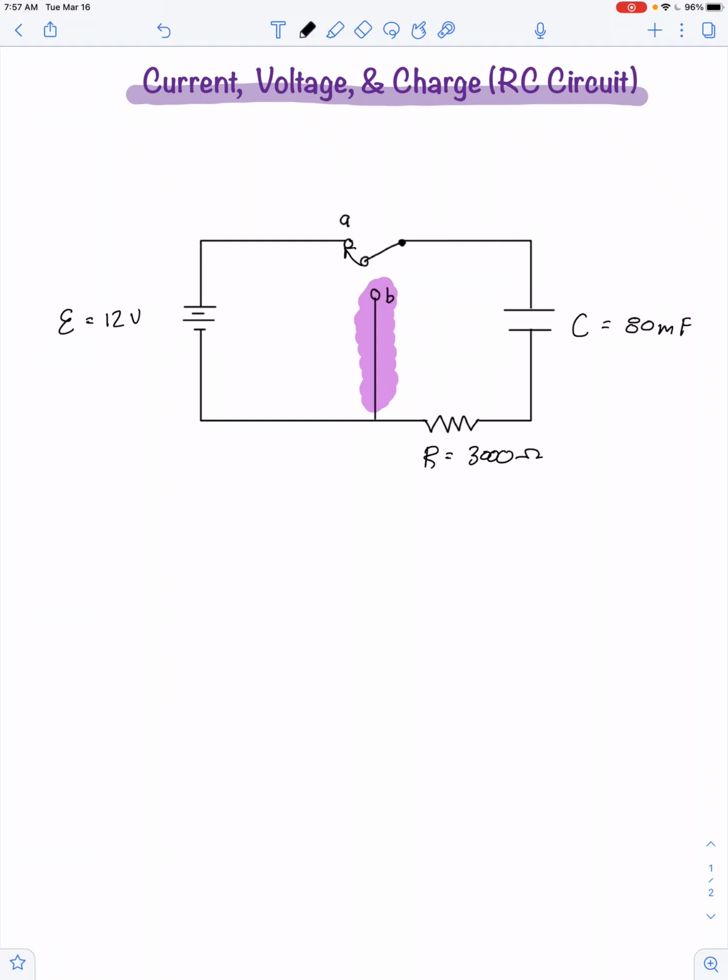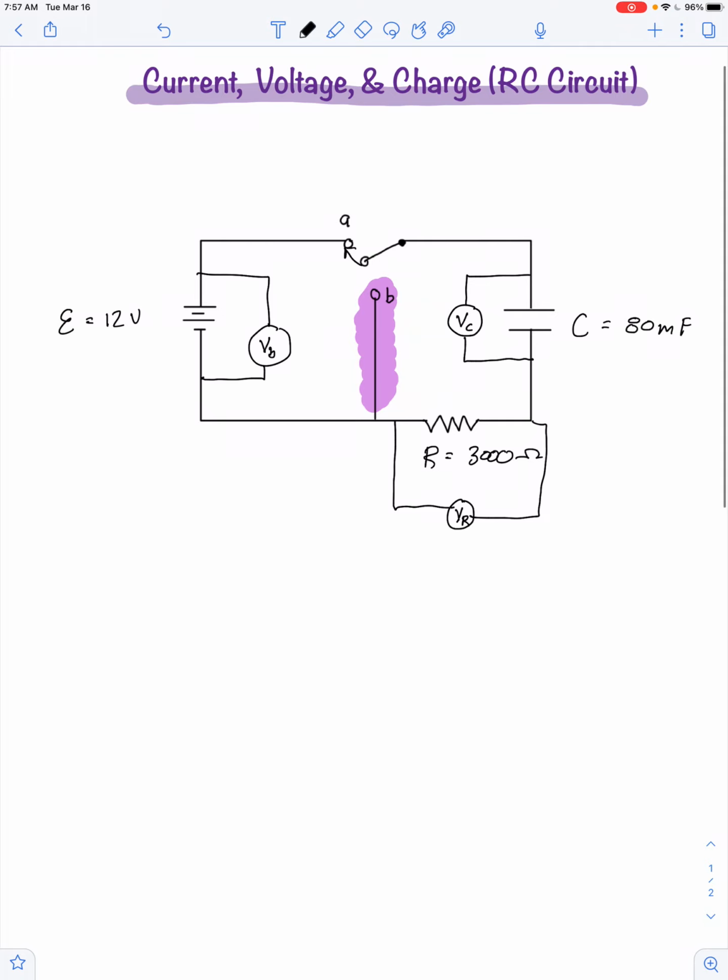Well, what would a graph look like for, how about all three of these voltmeters? Let's put a voltmeter in parallel with the capacitor. Let's put a voltmeter in parallel with the resistor. And let's put a voltmeter in parallel with the battery.